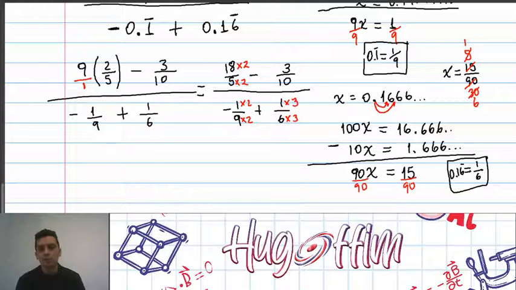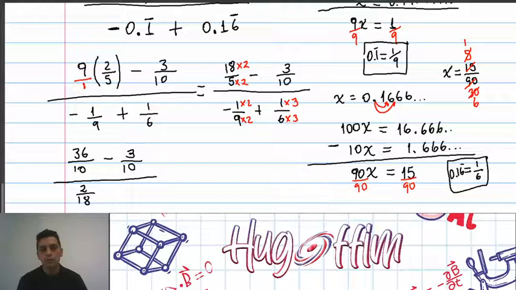And now I'm going to see what happened. So 18 times 2 is 36 over 10 minus 3 over 10, over 2 over 18 plus 3 over 6. Okay? And finally, 3 over 18.